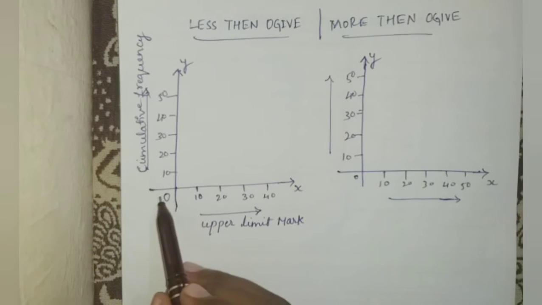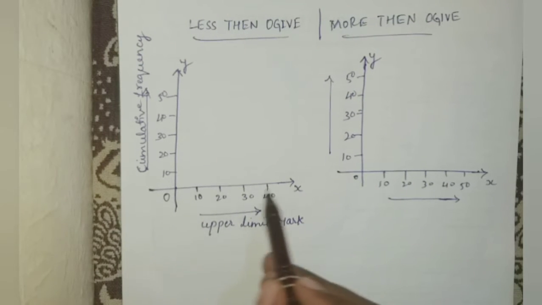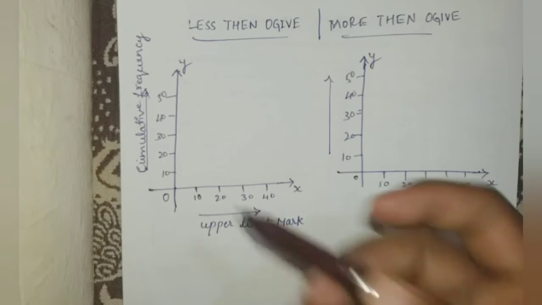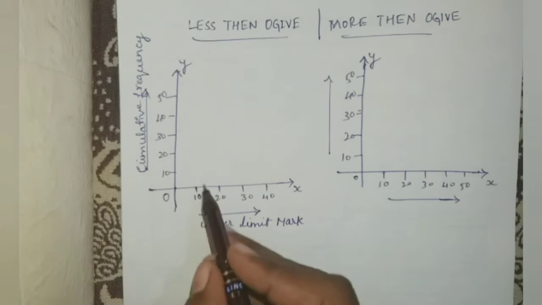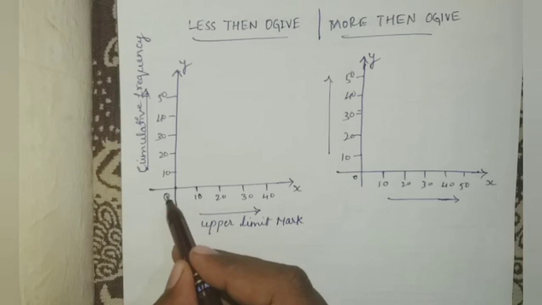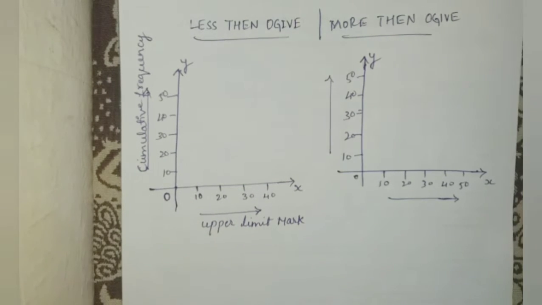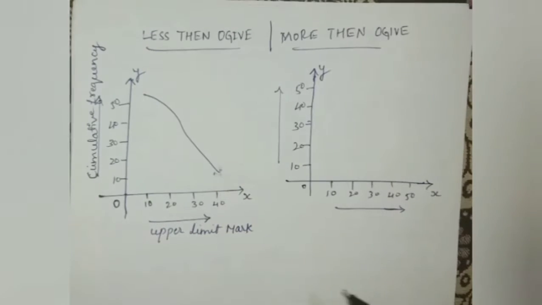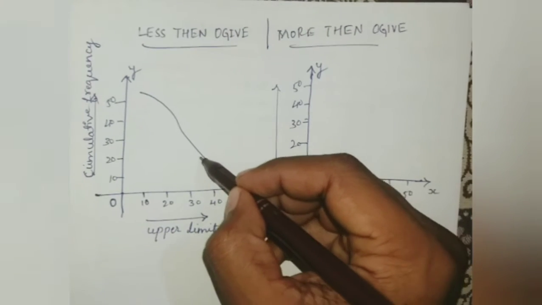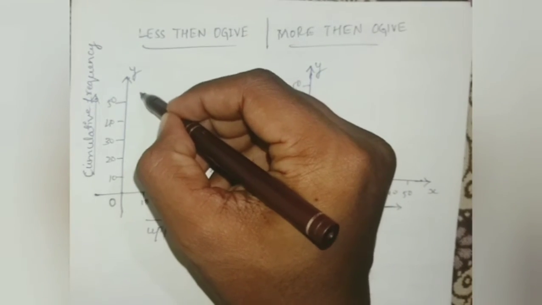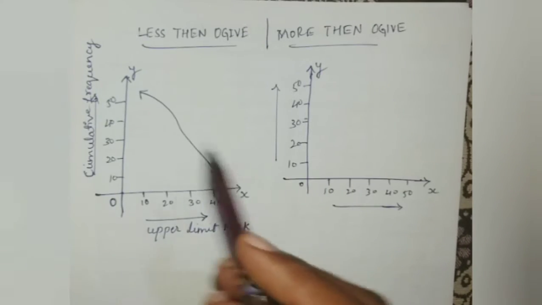See, this line will be your x-axis in a graph, and this line will be your y-axis, and where the x-axis and y-axis meet, this point is considered the origin. Got it? When we find the less than graph, the graph will be in increasing order. Keep that in mind.